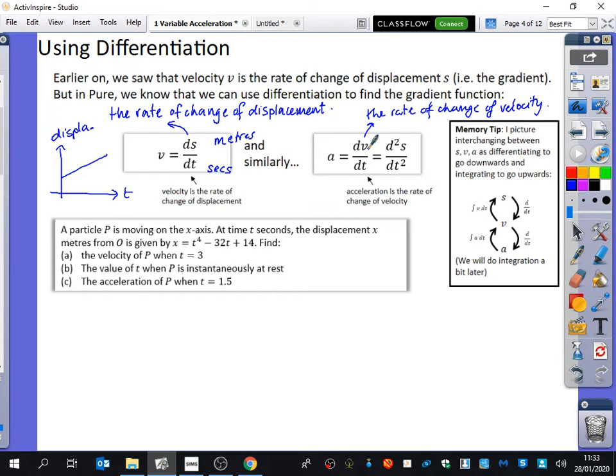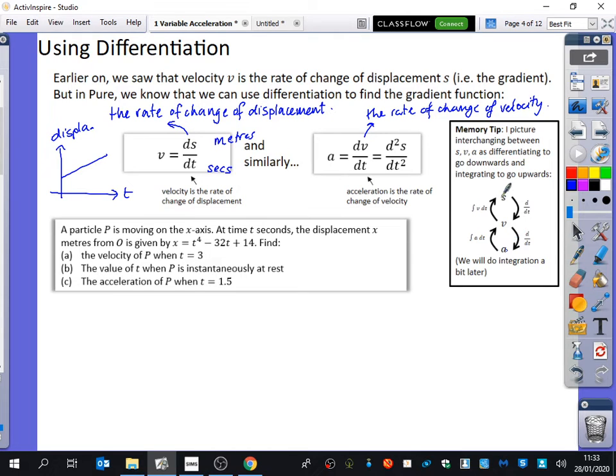There's a bit of a memory aid about how we might think about these kinds of things. The way I picture this is it changes between S, V, and A. The way I remember it goes in that order, S, V, A, is because of SUVAT. It goes S, U, V, A, T. So the three things you've got, displacement, velocity, and acceleration, follow the same order as SUVAT.